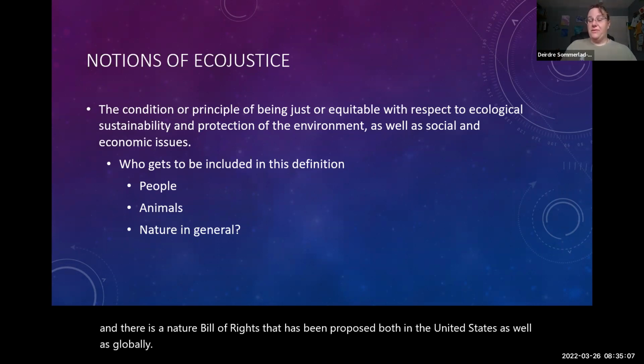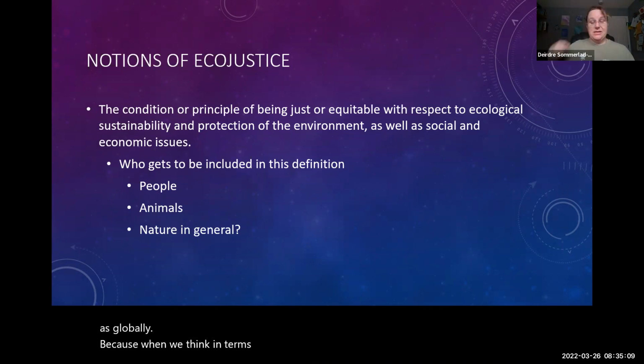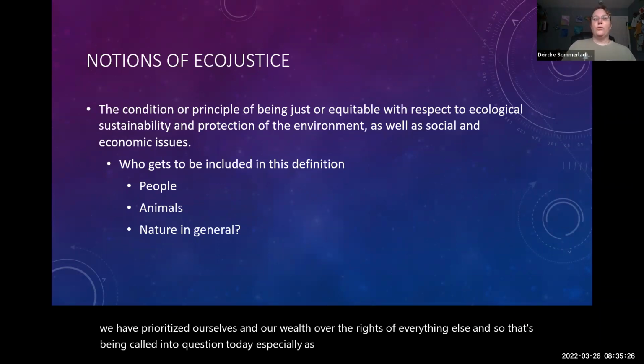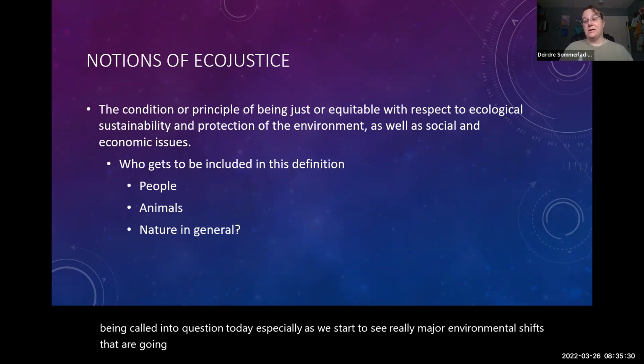Because when we think in terms of human decisions around resource management, we have prioritized ourselves and our wealth over the rights of everything else. And so that's being called into question today, especially as we start to see really major environmental shifts that are going to have catastrophic impacts on nature.